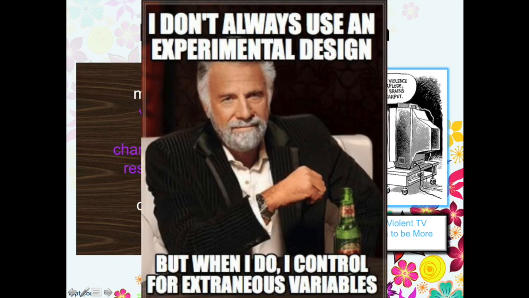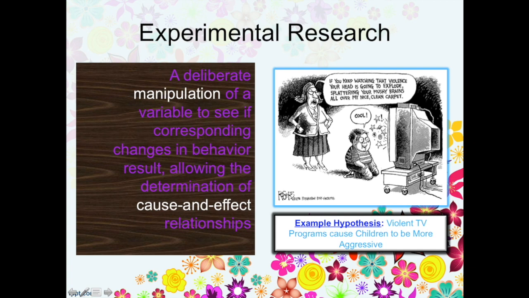So we would need to control for all of those other extraneous variables, and we could do that by making sure that everyone in the study does not come from a home where there's domestic violence. We could test them for high levels of testosterone, etc. And so we would make all the participants as similar as possible so that the only difference that we could see in their behavior would be due to the independent variable that we're studying and not some other factor that we're not aware of.